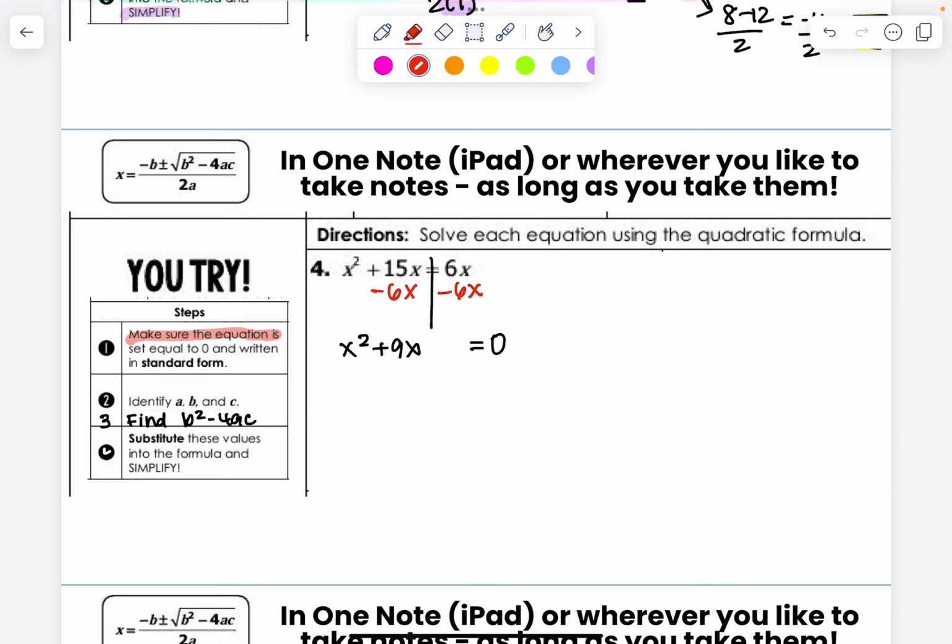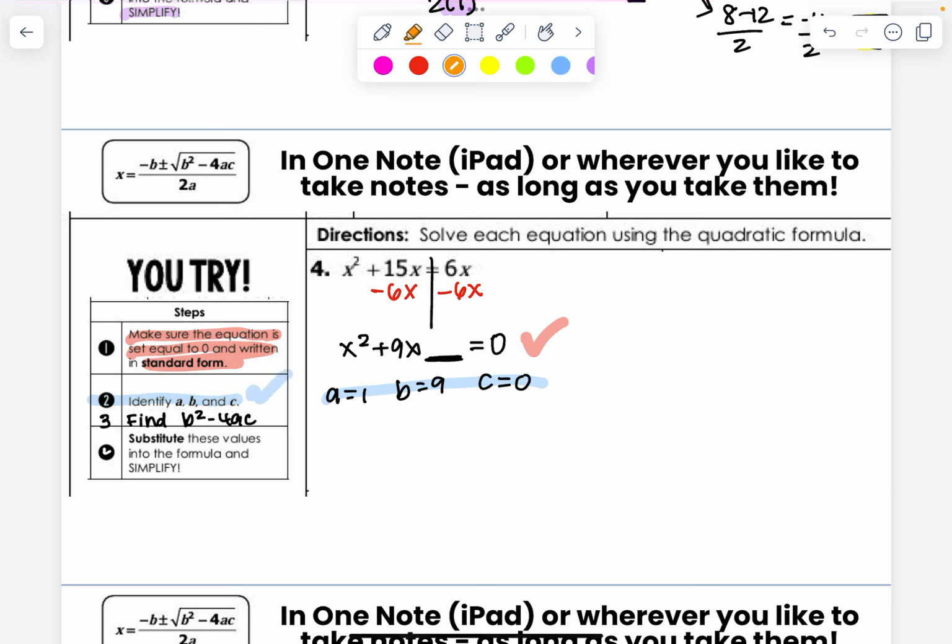Make sure it's equal to 0 and written in standard form. Check. Step 2 was to figure out what A, B, and C are. So let's do it. A is 1, B is 9, and you guessed it, C, there's nothing here for C. That's where C normally is. C is 0. Step 2, done.